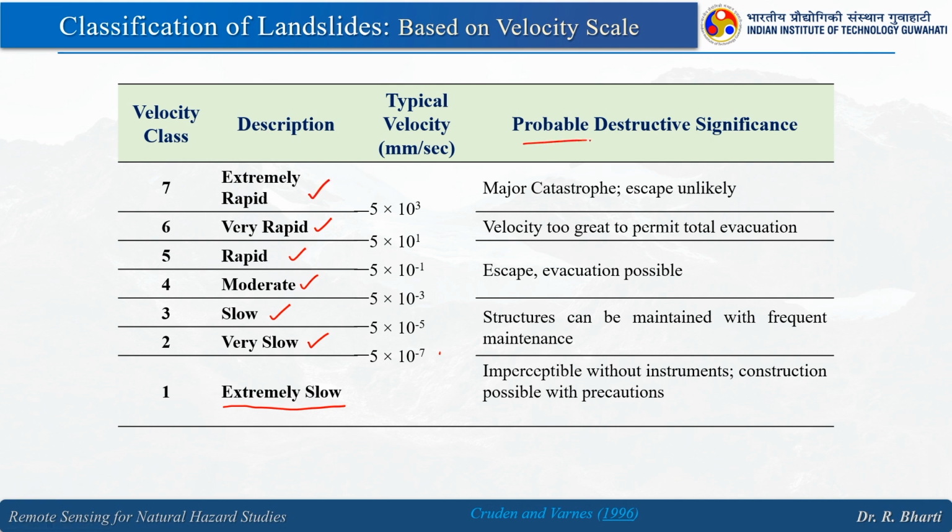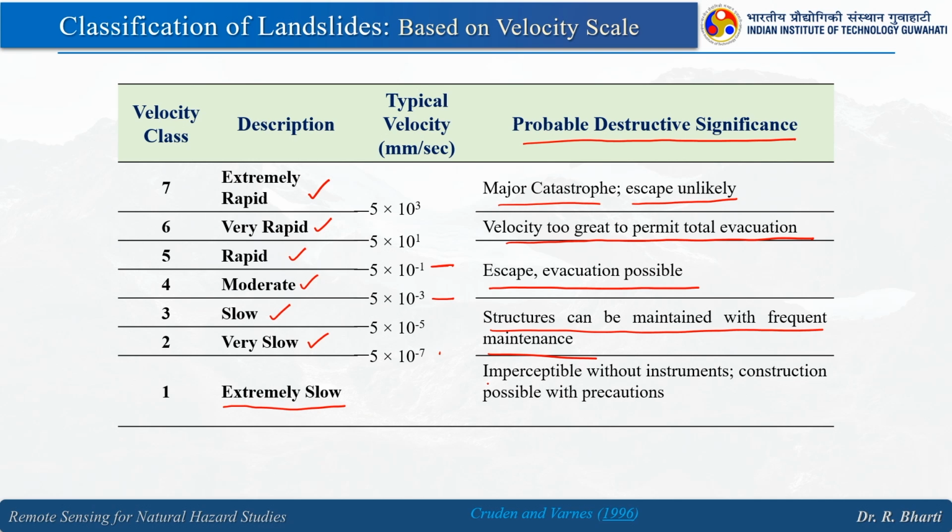And here the probable destructive significance: major catastrophe, escape unlikely, velocity too great to permit total evacuation; evacuation is possible. So, below this escape is possible, right. Then structures can be maintained with frequent maintenance. So, here less than this, right.